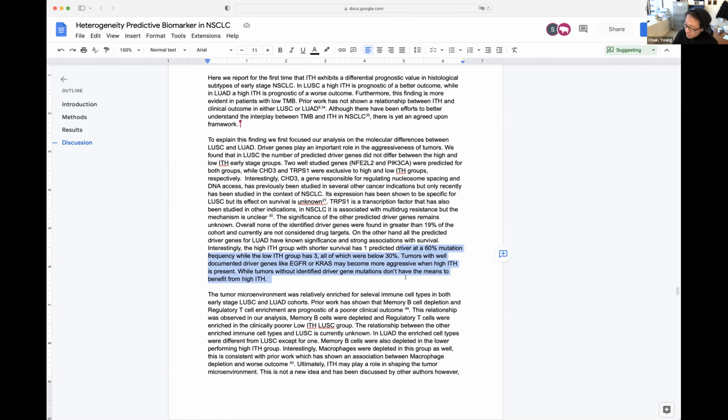And just having known driver mutation in adeno in the high ITH group might explain the basis of this phenomenon, or it may be in part explained. And that's all you need to say.